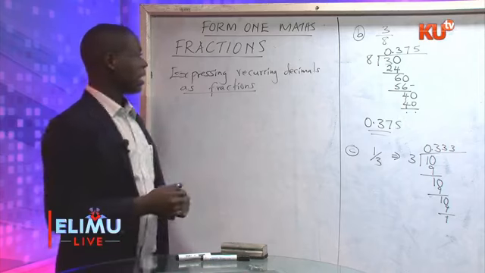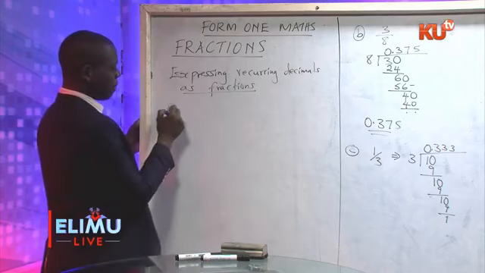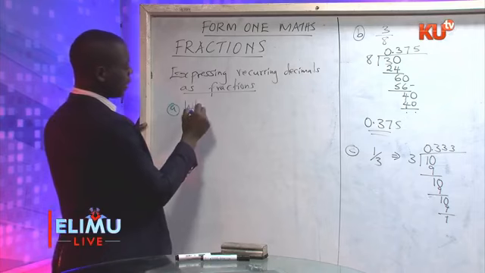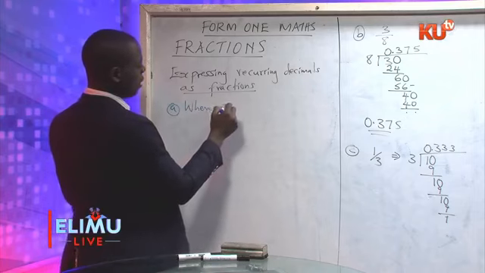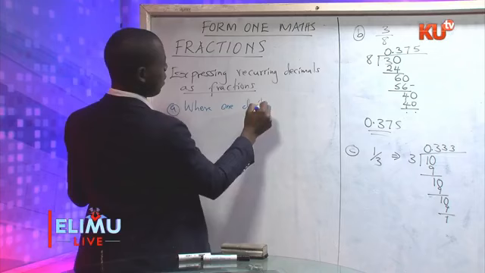And so we shall look at this part in three. One, where you have one digit recurring.